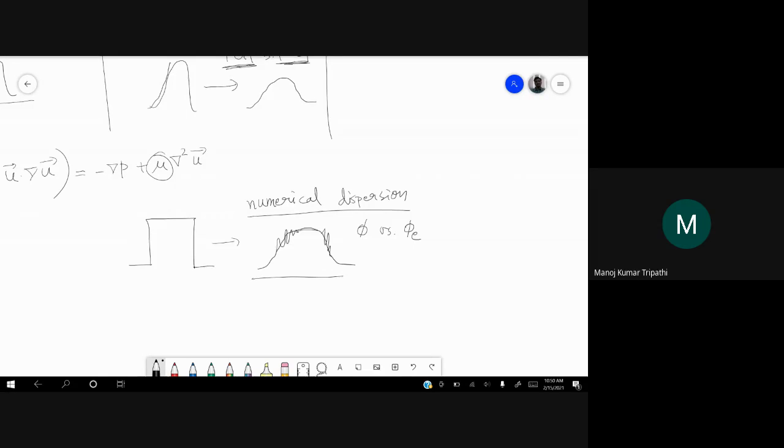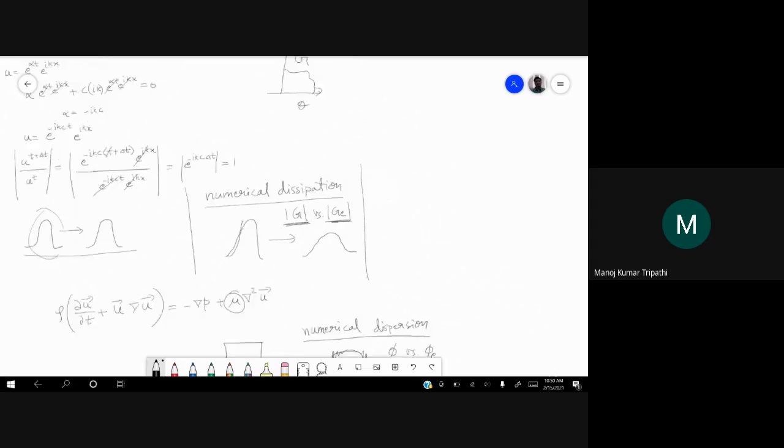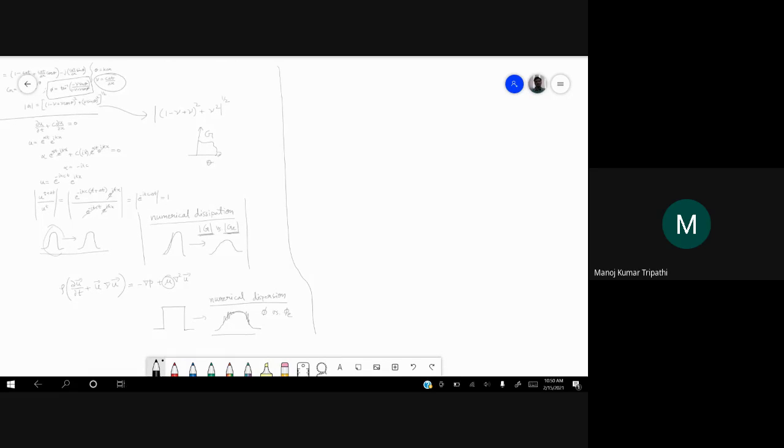Is there any question? Okay. And no need to say that it depends on the type of scheme that you use, the kind of discretization you use, first order, second order, central, forward, backward.